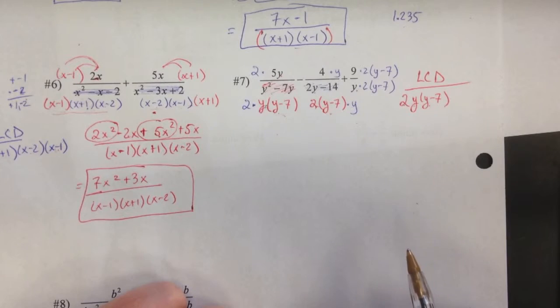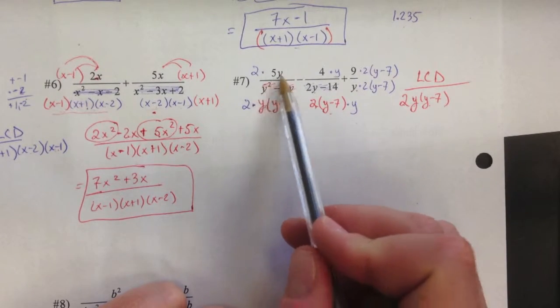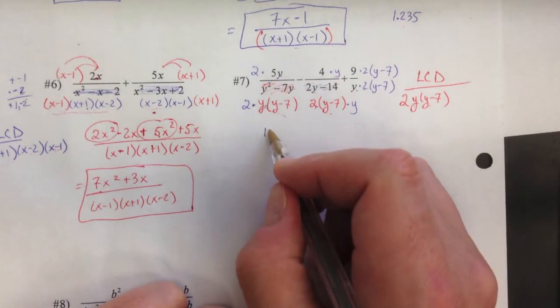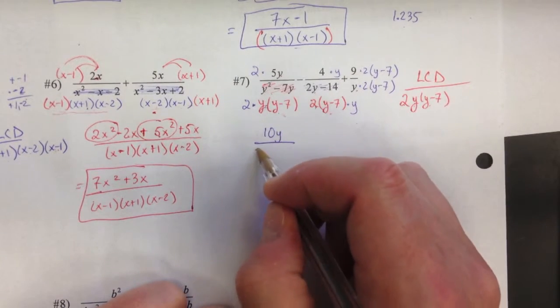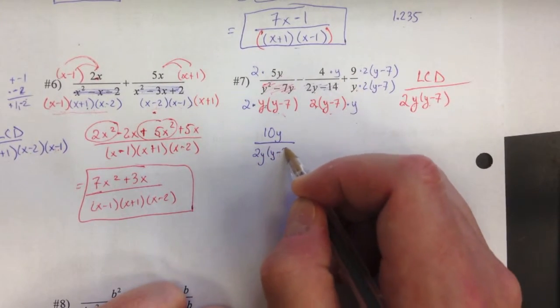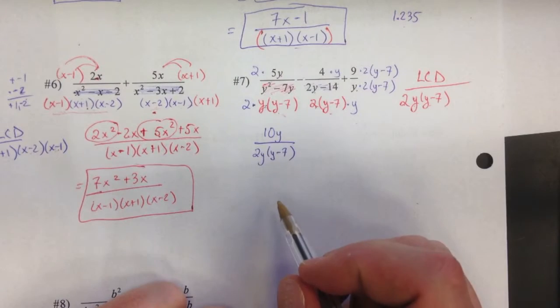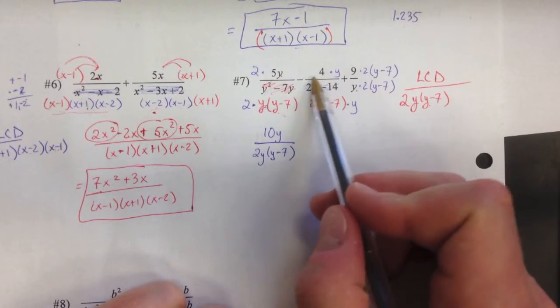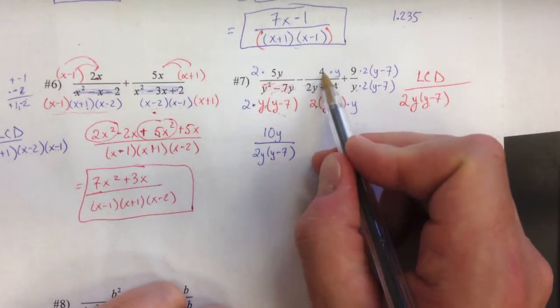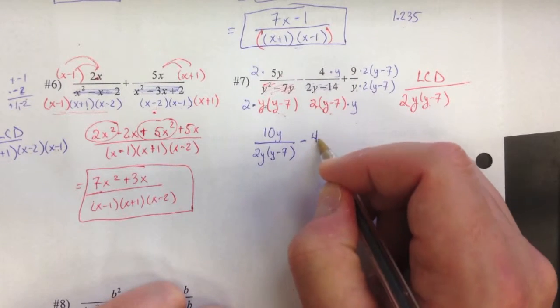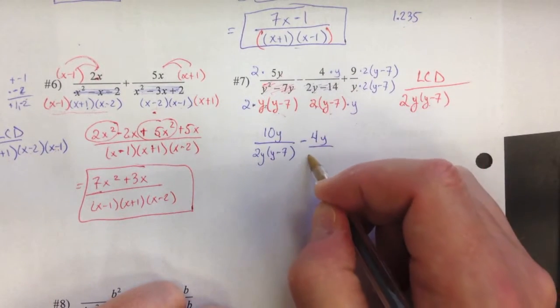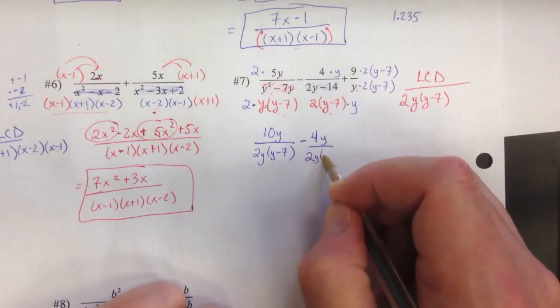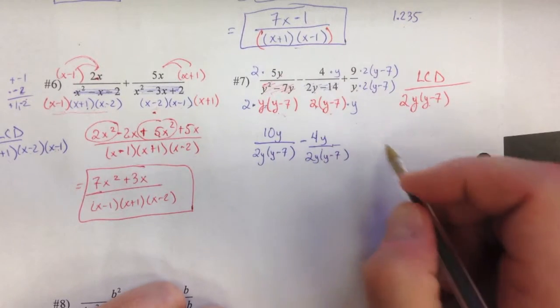All right, so we got some work to do here. First fraction, the top will become 10y over, I'm just going to keep that as 2y times y minus 7. You don't have to multiply in the bottom. The second fraction is minus, and that's 4y, 4 times y, over 2y times y minus 7.